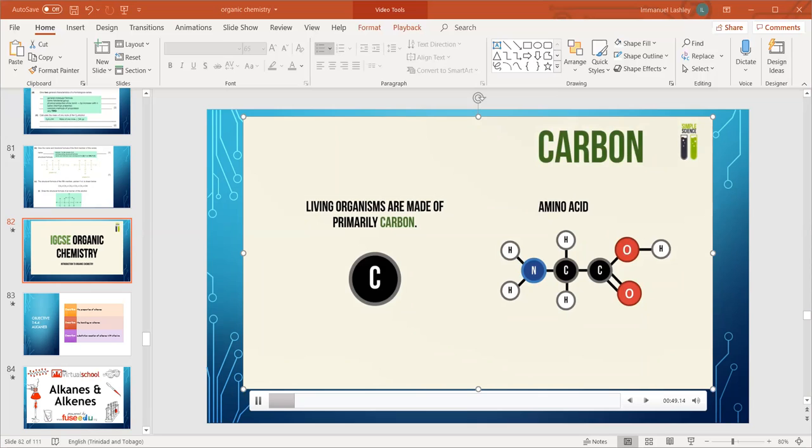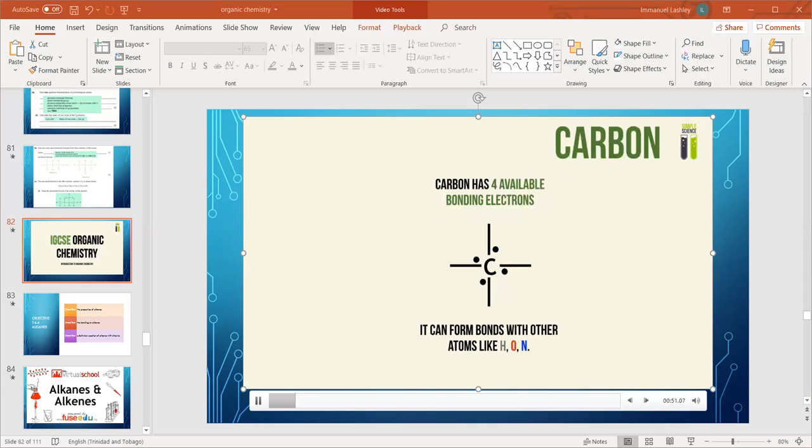Carbon compounds are very versatile, and this is because the carbon atom has 4 available bonding electrons in its valence outer shell, so it can form 4 different types of bonds and 4 different types of configurations. Therefore, it can form a massive amount of configurations to form very different carbon compounds. This is why they are very versatile.